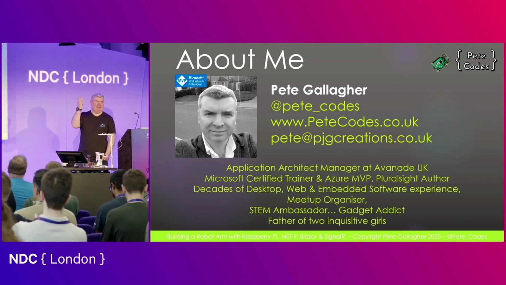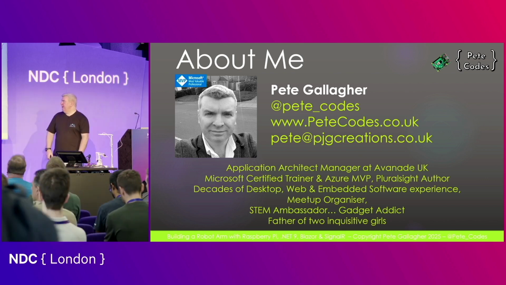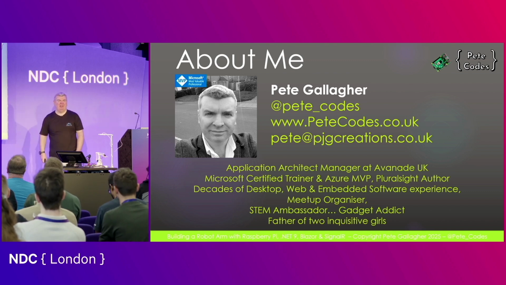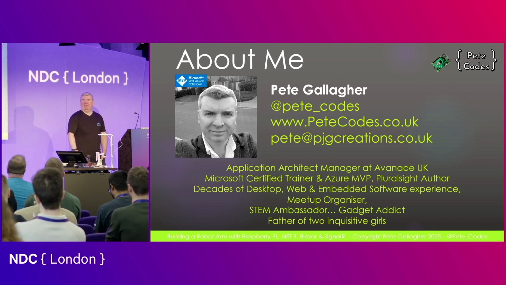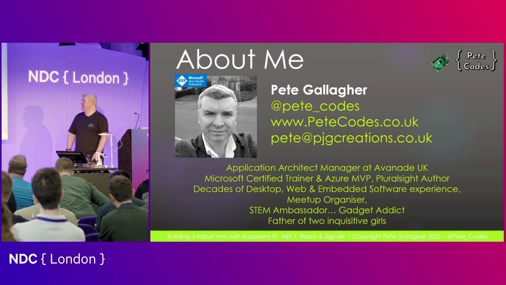I'm also an Azure MVP. There's a few of those hanging around at this conference as well. And I organise a few meetups, so .NET Notts, Notts IoT, one called Lati, and a podcast, but this is the sort of stuff I enjoy doing, so hopefully you'll see that today.